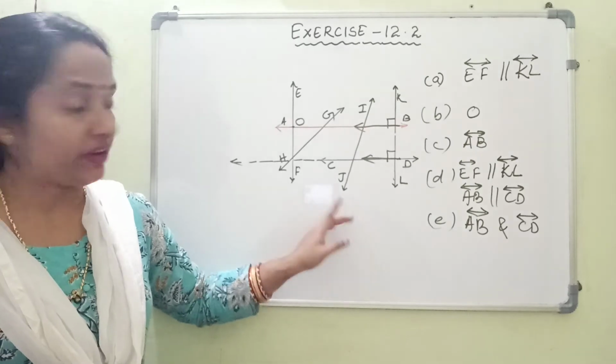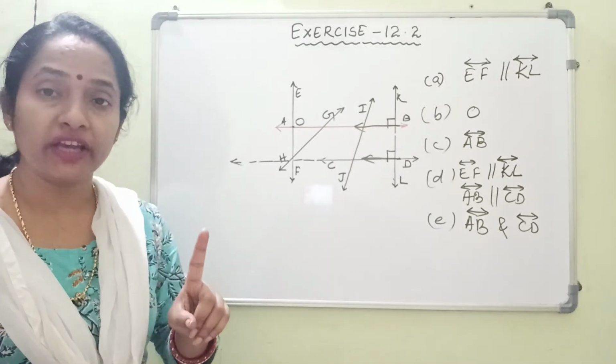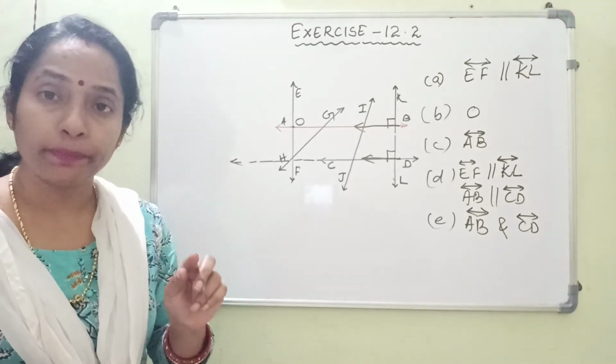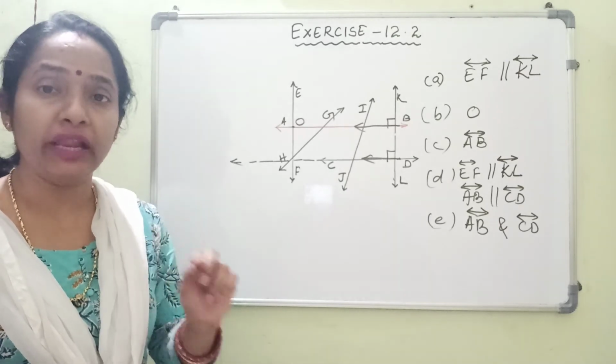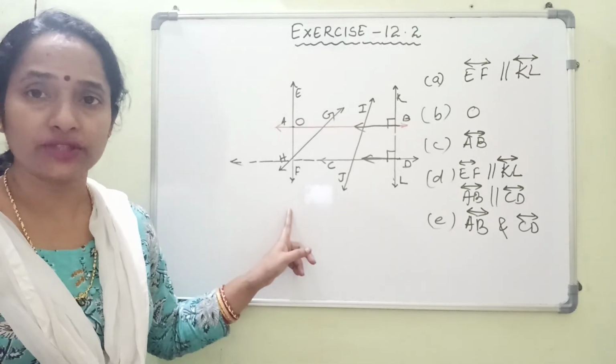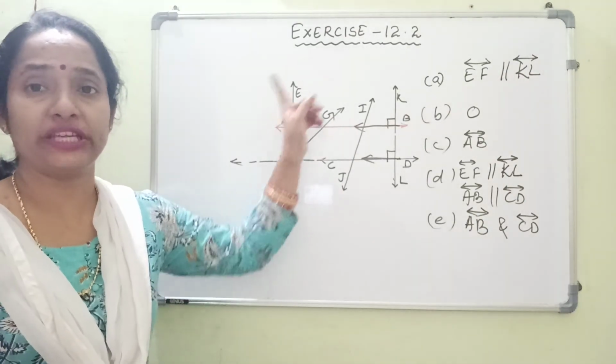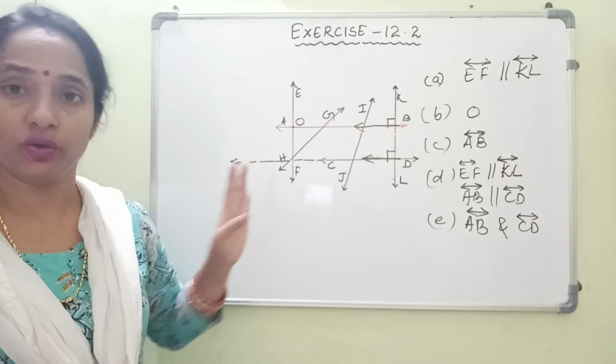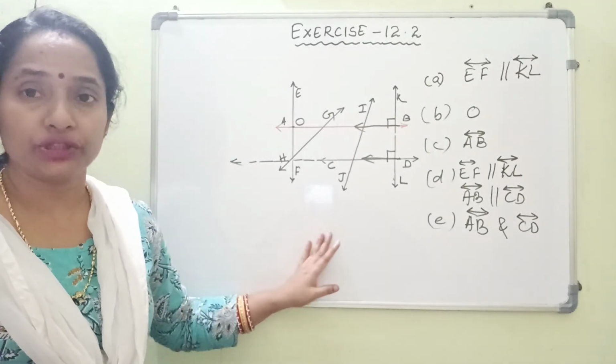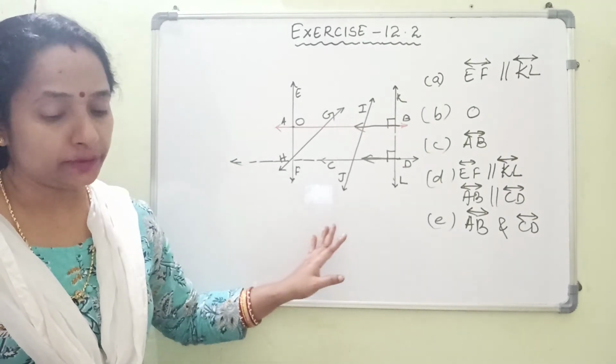Whenever you draw these figures, draw with fine lines. Take a sharpened pencil. Don't use blunt or bold pencils to draw these figures. Draw them with pencil. Name them also with pencil. Don't use any pen mark in the figure. Okay. So I hope you understood all these sums and complete them.